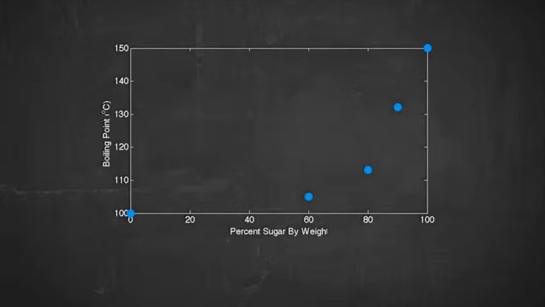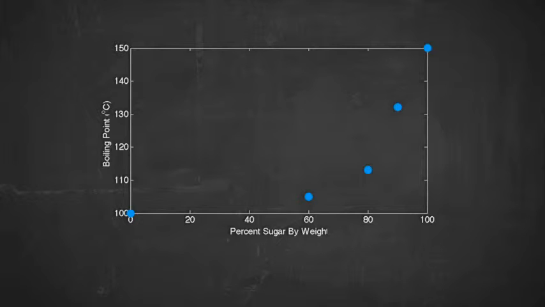How is boiling point elevation important for cooking? To explain at least one instance of this, I want to show you a plot of the boiling point of a sugar-water mixture as a function of the concentration of sugar that's dissolved in it. When there's no sugar, of course, the boiling point is 100 degrees Celsius. But as you increase the percentage of sugar by weight in the mixture, the boiling point goes up dramatically.